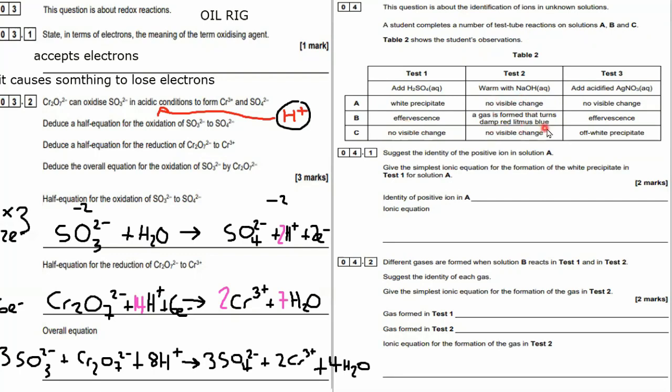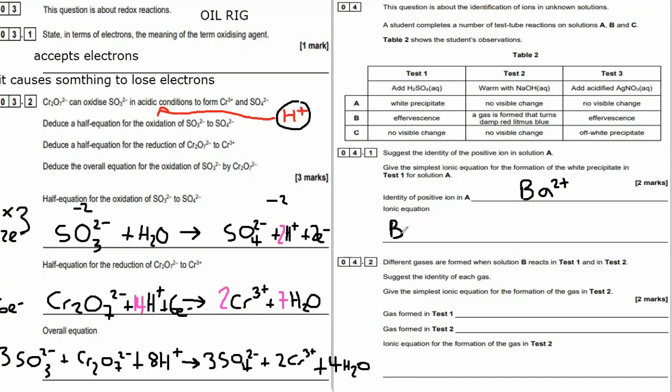So if we have a look here, the identity of the positive ion in solution A, well, we look at the 3 tests. 3 tests have been done on solution A. There's been nothing happening when they were reacted with warm sodium hydroxide or with acidified silver nitrate. But when they reacted solution A with sulfuric acid, we got a white precipitate. And this tells us that we've got barium ions, because that white precipitate is barium sulfate.